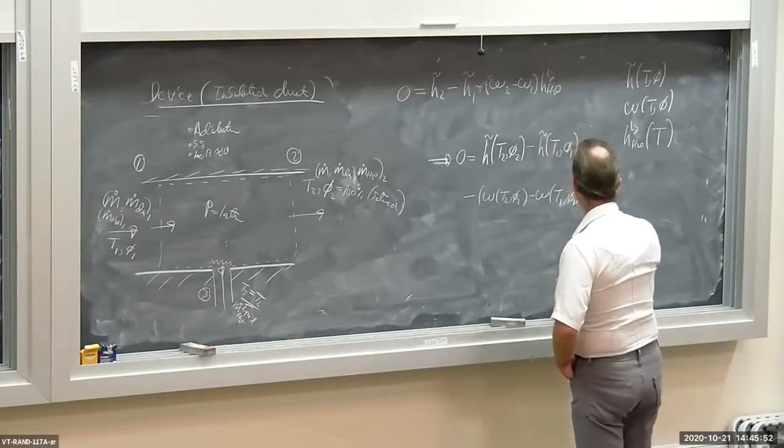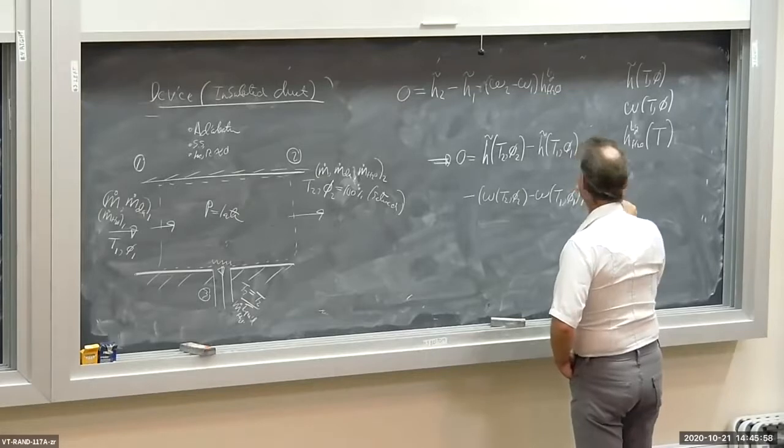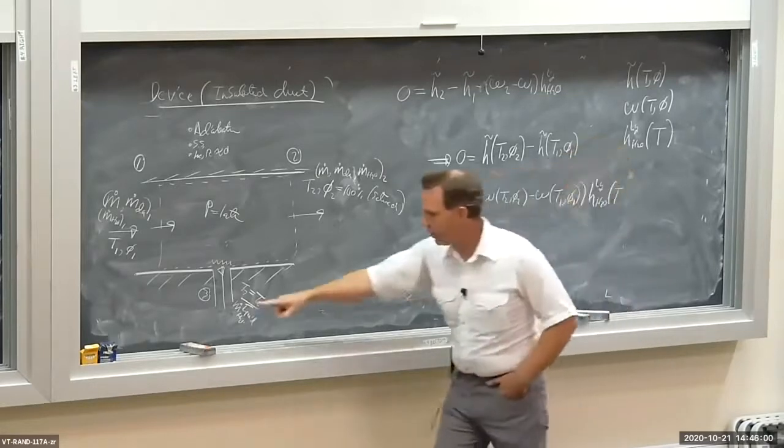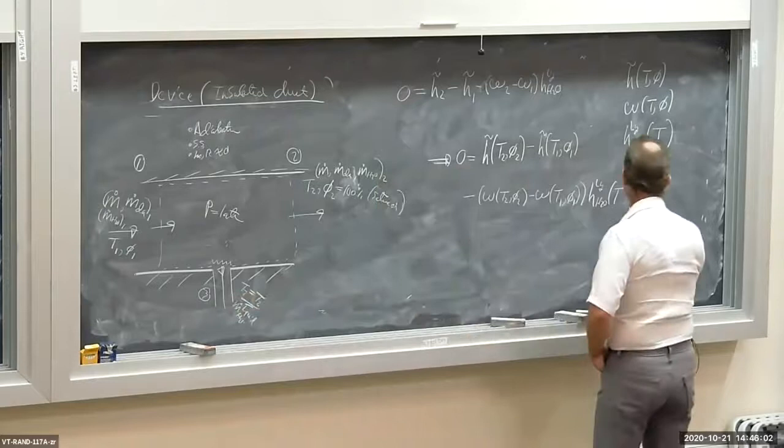And then I've got H of the liquid H2O, which is a function of temperature, and my temperature for the liquid H2O is T3.